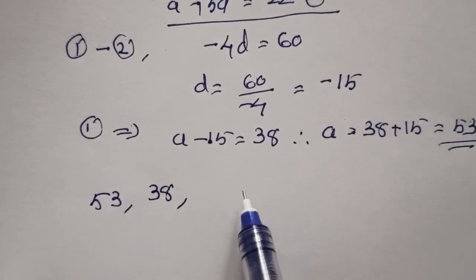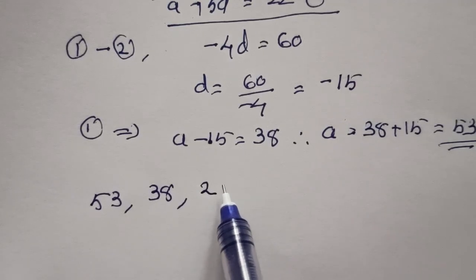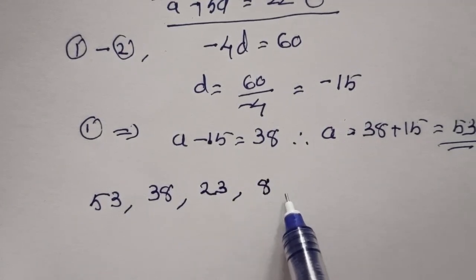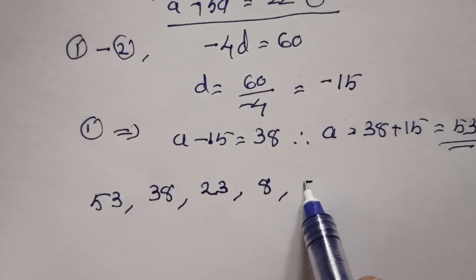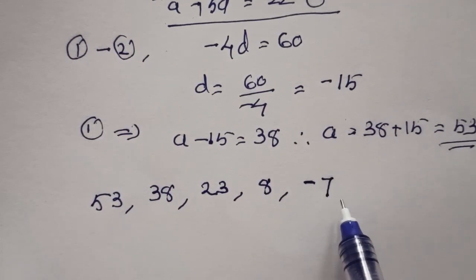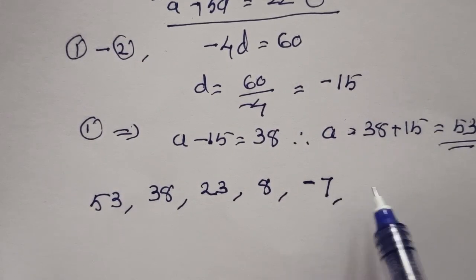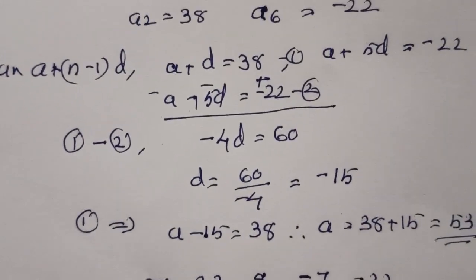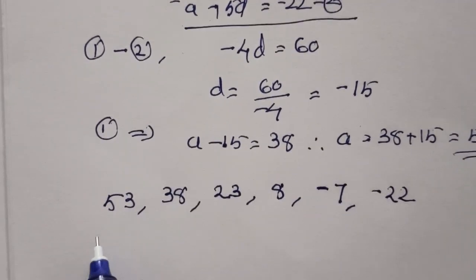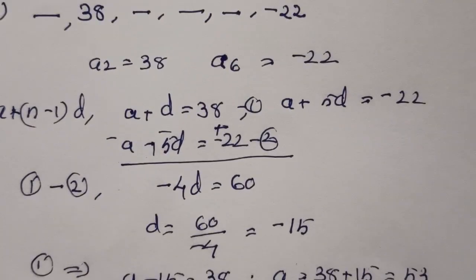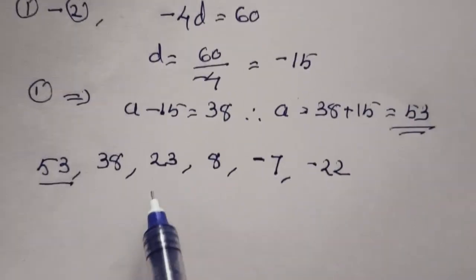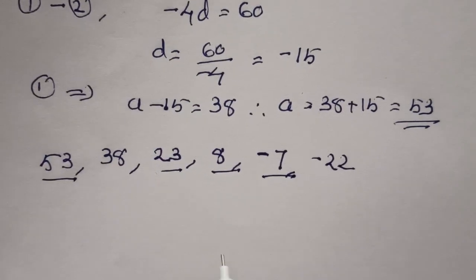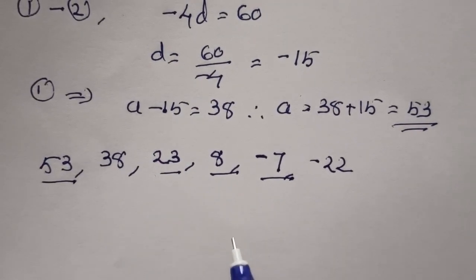Next, 38 minus 15, 23. 23 minus 15, 8. 8 minus 15, after subtraction we get minus 7. Minus 7 minus 15, that is minus 22. So, the missing terms are first one 53, next third, fourth and fifth. These four terms are missing.